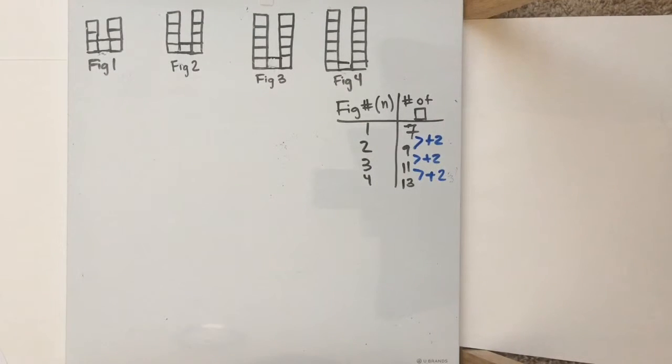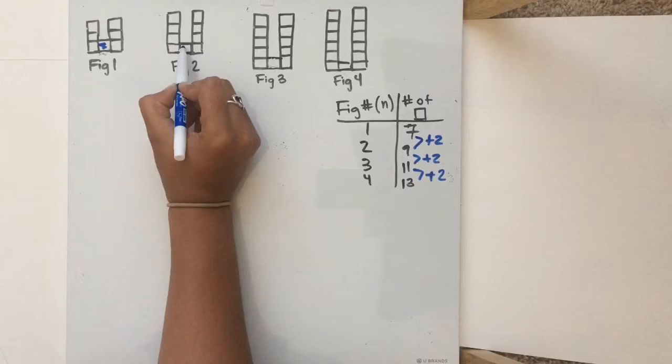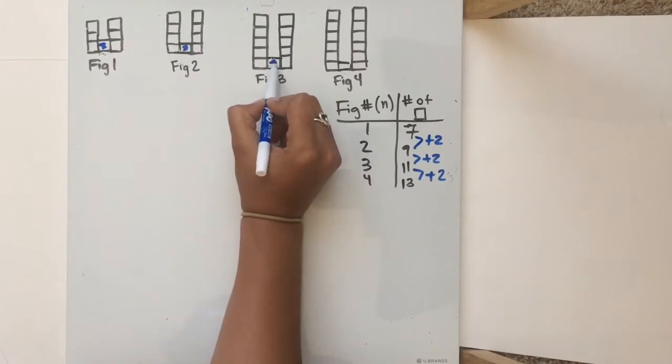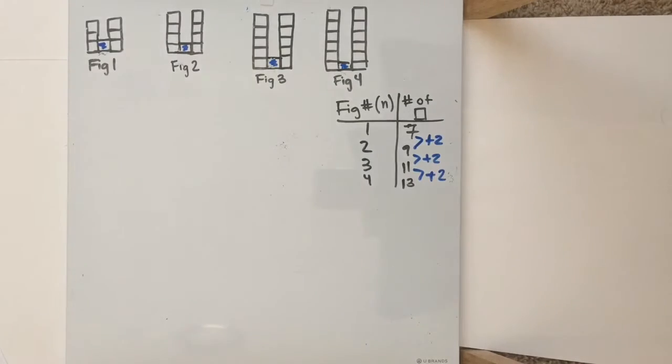The next step I take to figure out an equation is to look at the figures and see what similarities they have shape-wise, not size-wise. In the four figures, we always have one middle square in each of these, and that is consistent.